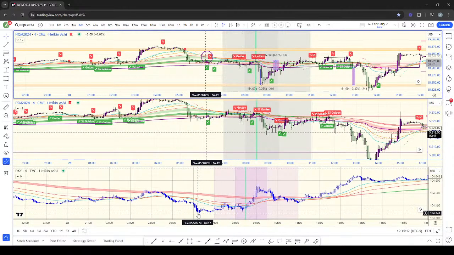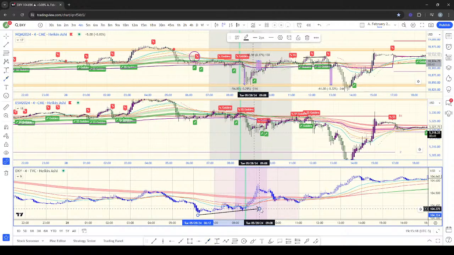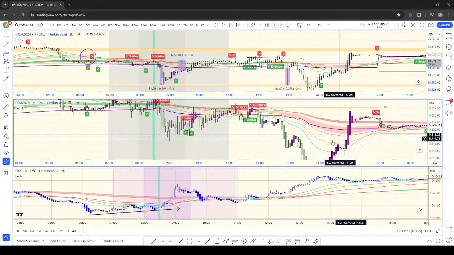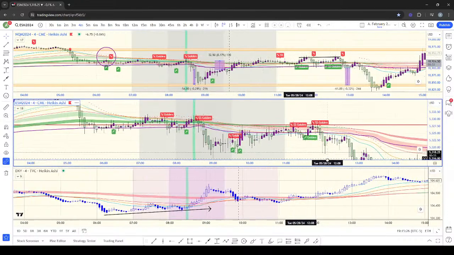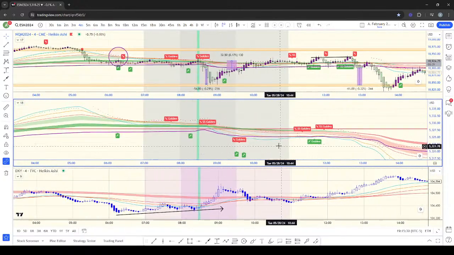Here's a really nice example of it. You can clearly see the push going up on the dollar index. Let me just zoom in a little bit more so you can get, oops, sorry guys.